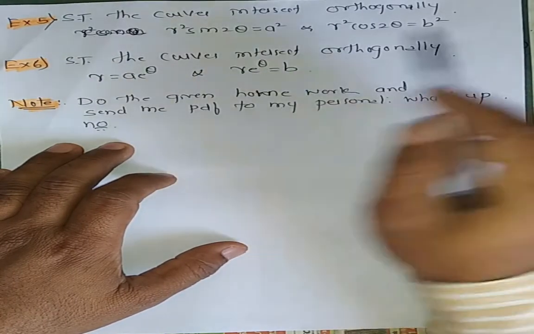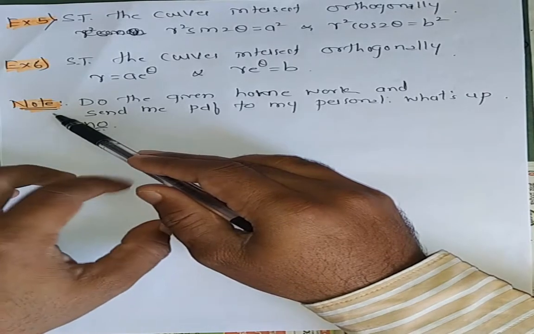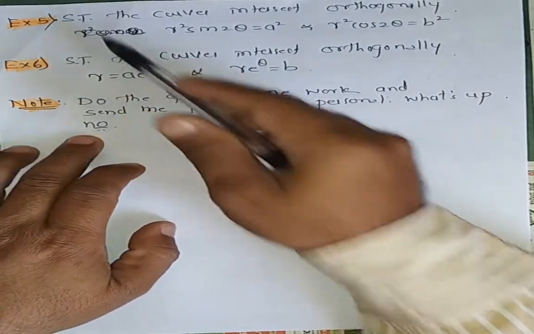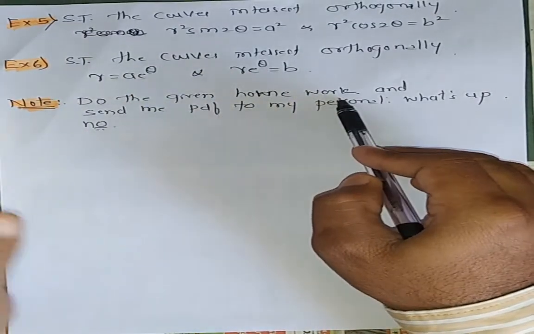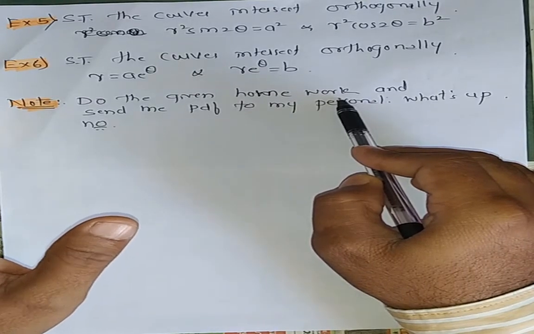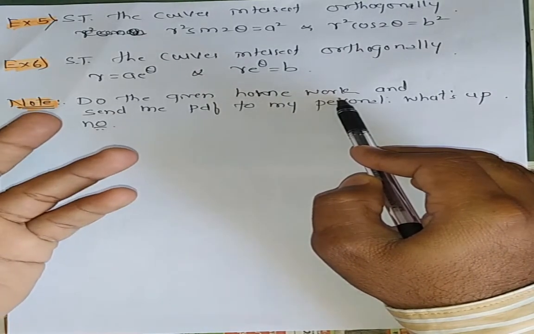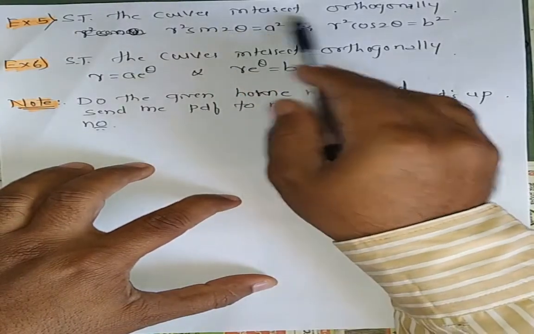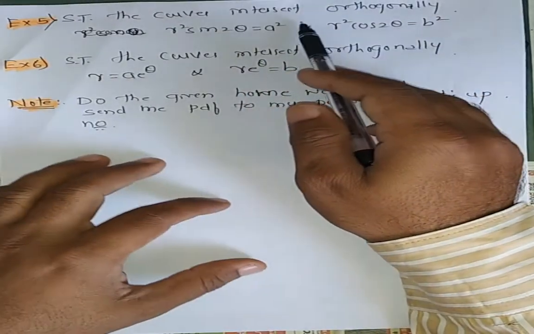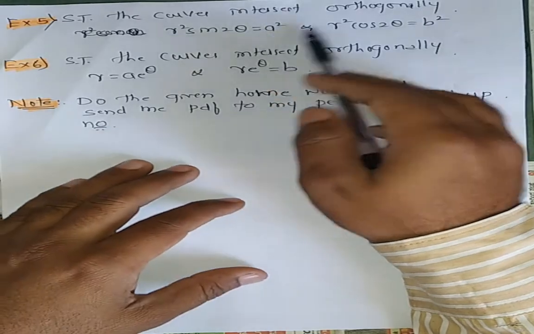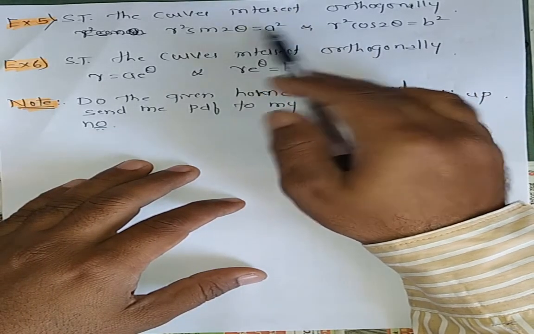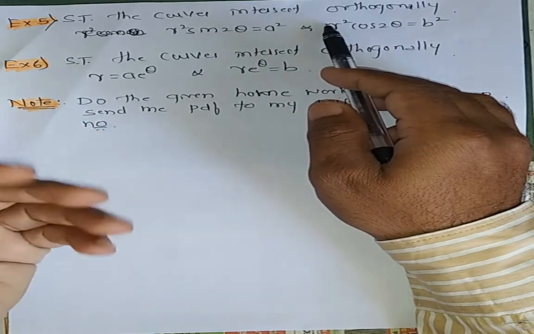Whatever homework I have given, you must do it compulsorily. It will help you. Who knows, tomorrow this question may come in your annual examination, so better you do this. Answer it in rough and show me by WhatsApp.